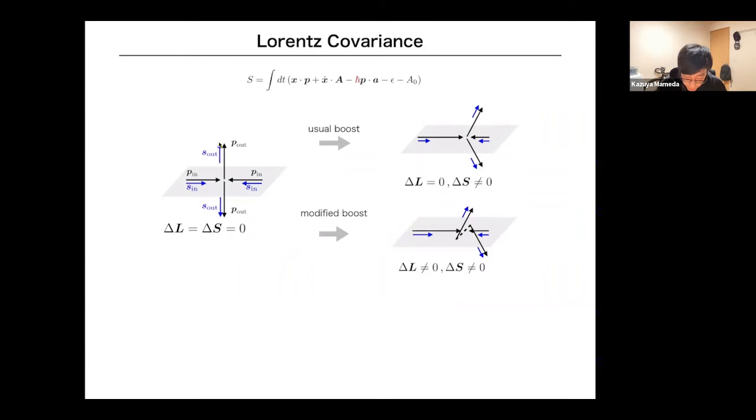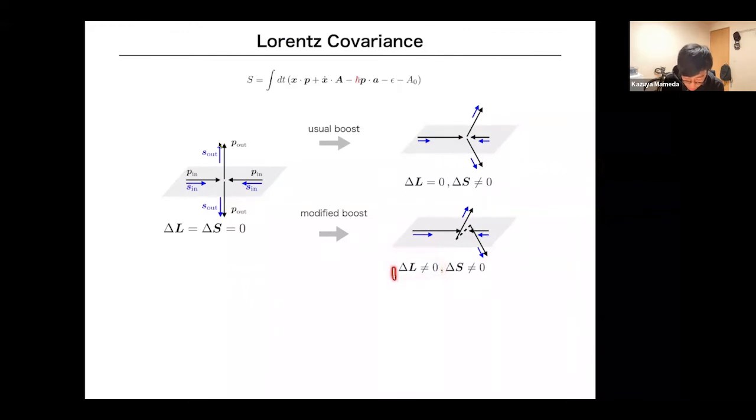as I said, due to the Lorentz boost, we have a finite difference of the spin angular momentum. So to keep the total angular momentum conservation, we need a finite difference of the orbital part.